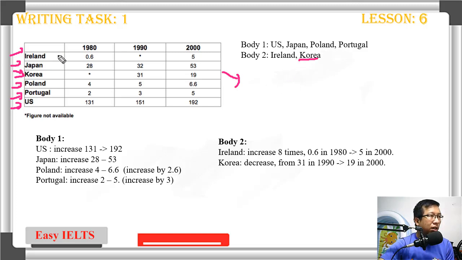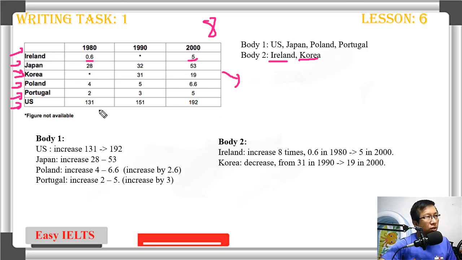And if we look at other countries, you can see Ireland, the number increase is higher, from 0.6 to 5, probably over 8 times. So in body 2, we write about Ireland and Korea. Or for body 1, we can try Ireland, Korea, and the rest of the other countries we put in 1 body.